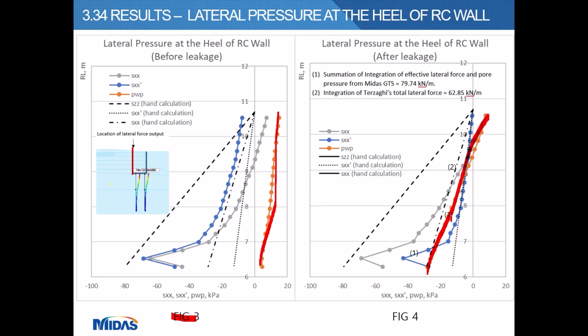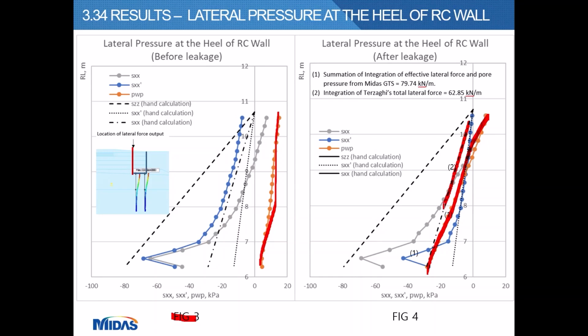And now we look at figure number 4. The black dotted line is the total stress calculated by the effective stress soil mechanics formula, assuming a Ka of 0.36 here.